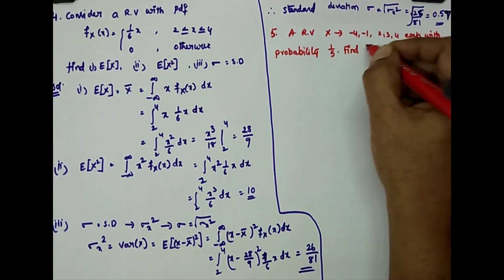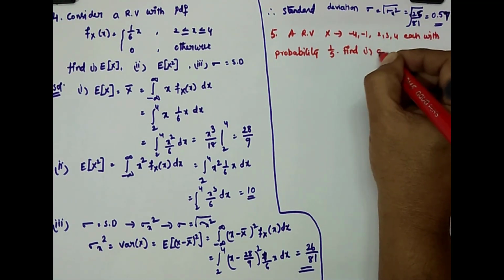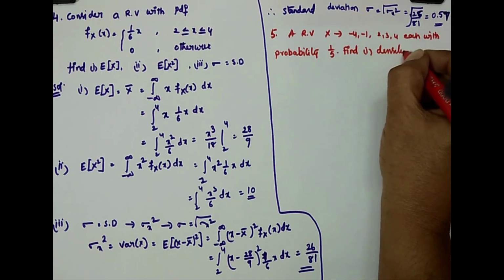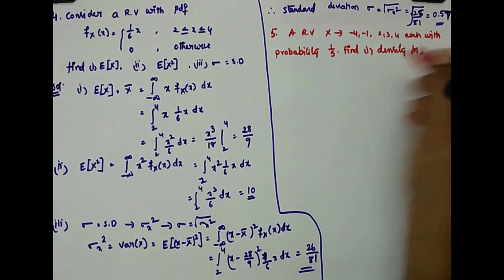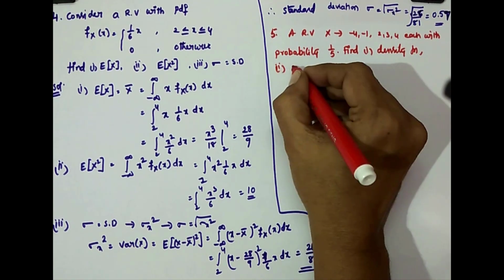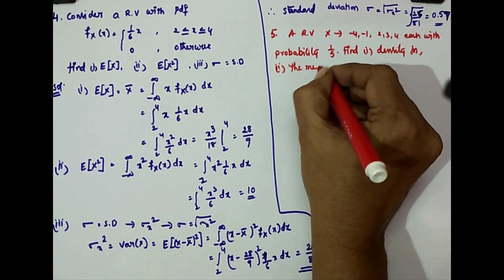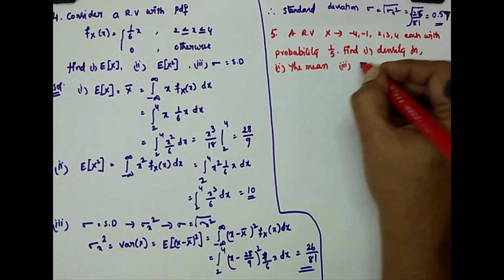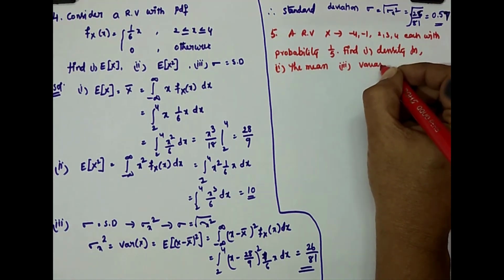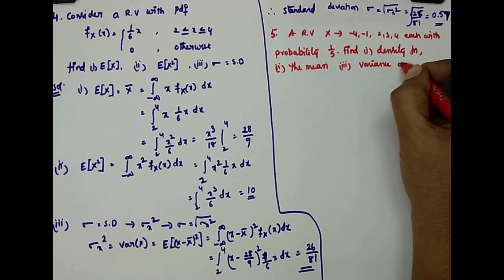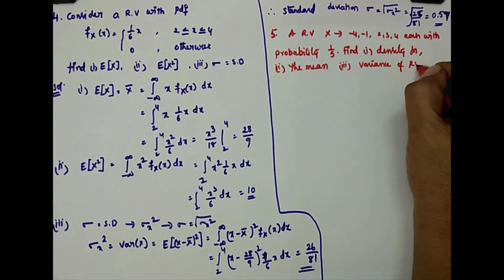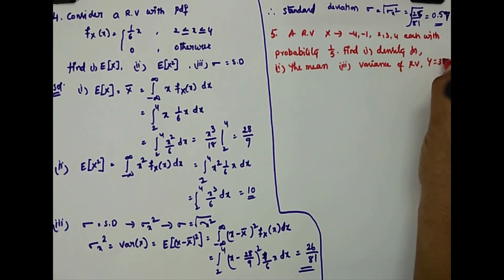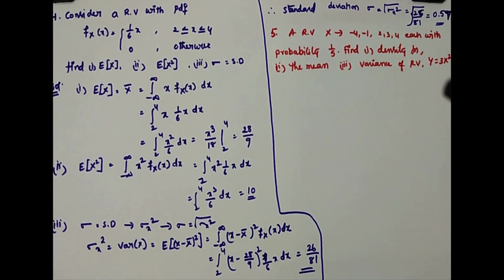Find the density function, the mean, and variance of the random variable y equal to 3x square.